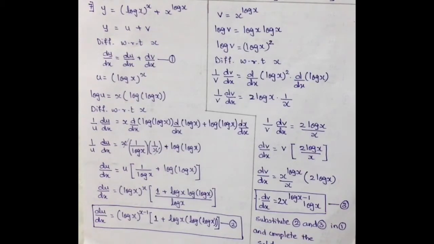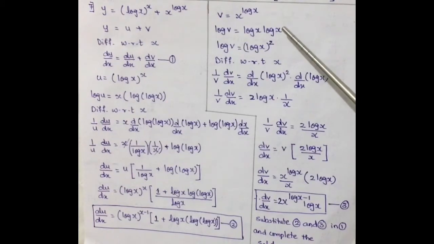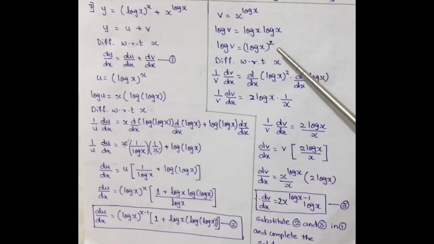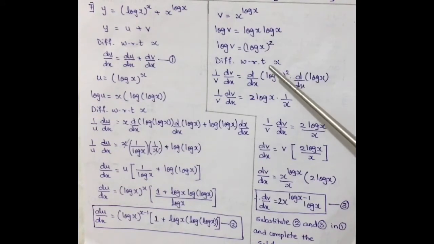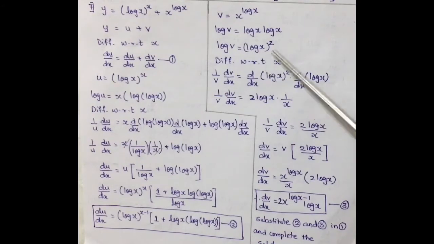Now taking up the v part, v given over here is x raised to log x, again taking log on both the sides. To bring this log x down, we have log v is equal to log x into log x, and that will become log x whole square.